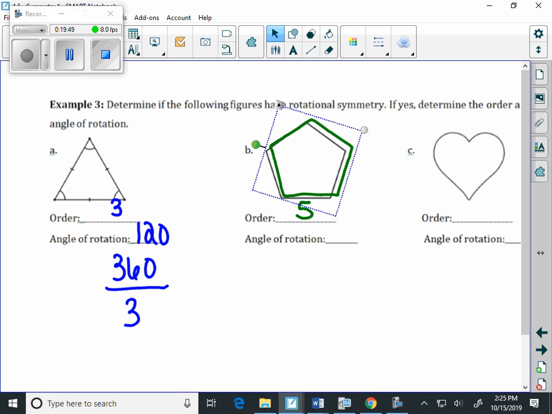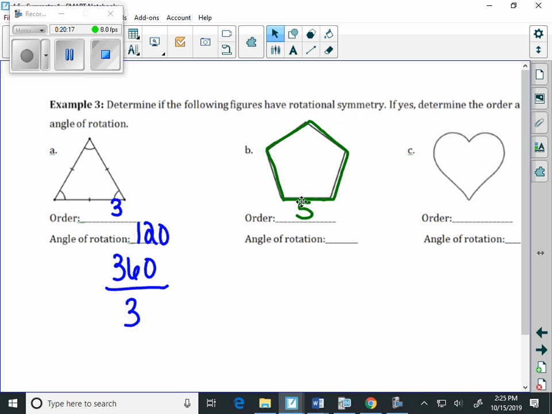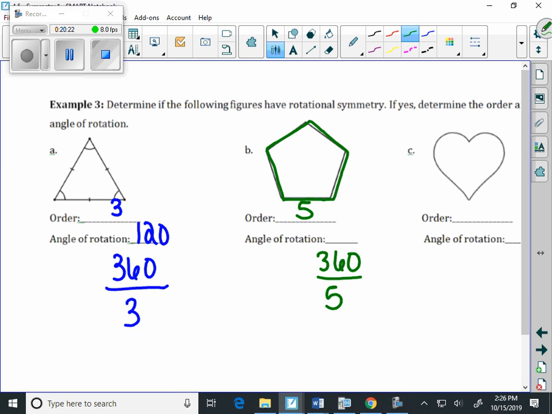We rotate it once, just a slight bit off. There's one angle of rotation. Here's another angle of rotation. Here's another. Here's another. Here's another. We can rotate that picture 5 times. So every time that we rotate it, what we're doing is 360 divided by 5, which is 72 degrees.